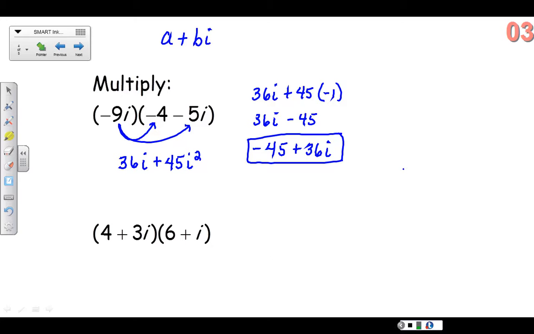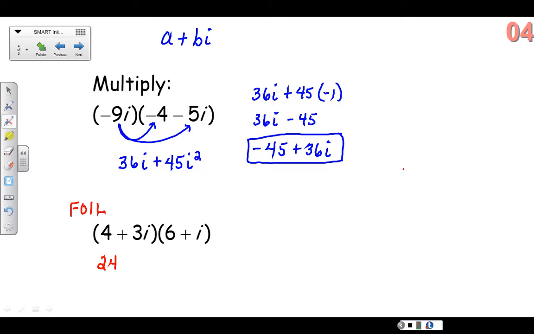All right, so let's look at this example below here. 4 plus 3i times 6 plus i. Two complex numbers we're multiplying together, but it looks like a binomial times a binomial. And if you remember from earlier algebra courses, we used the FOIL method, first, outer, inner, last, to multiply these type expressions. We're going to do that here just as well like we do it with normal binomial expressions. So 4 times 6, first times first, is 24.